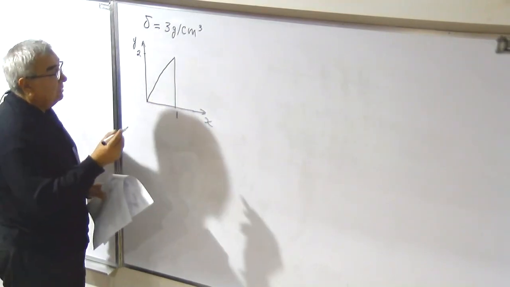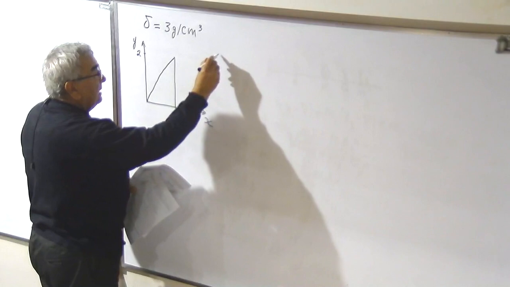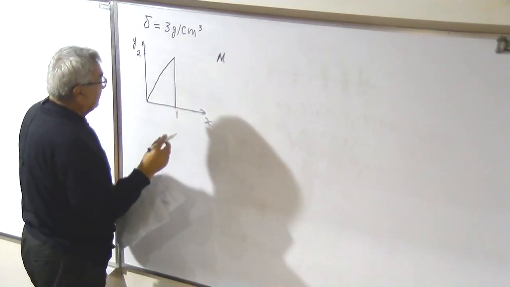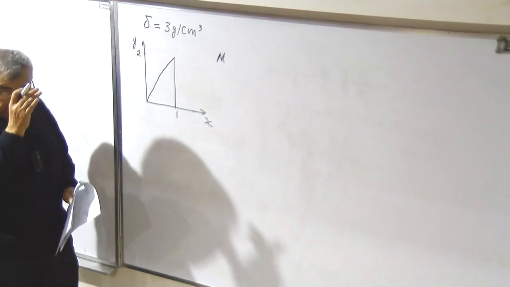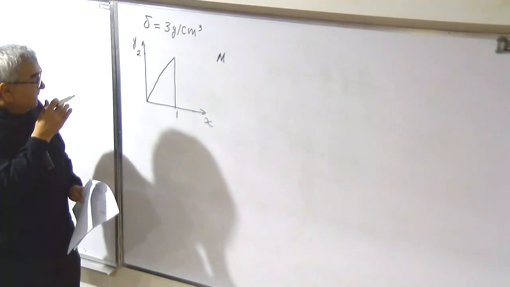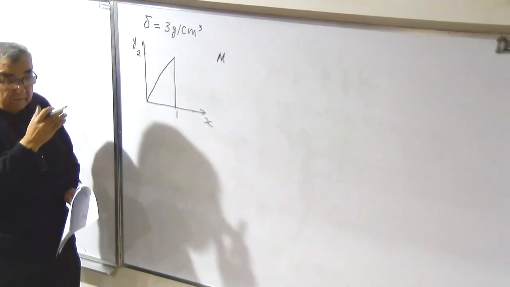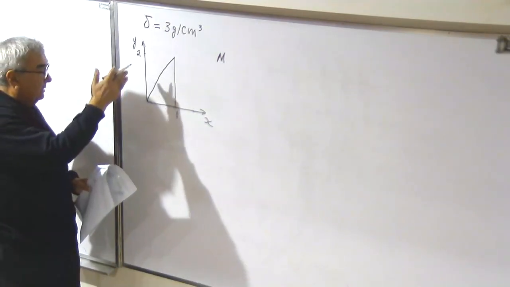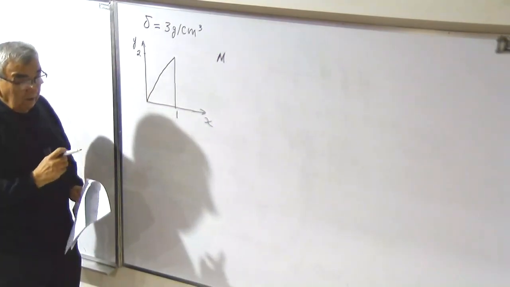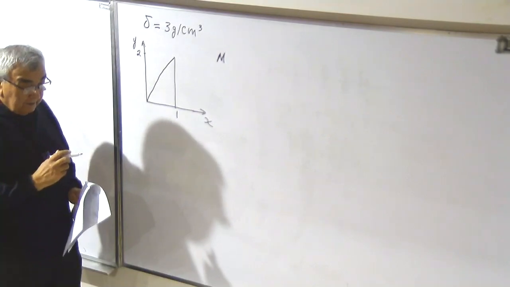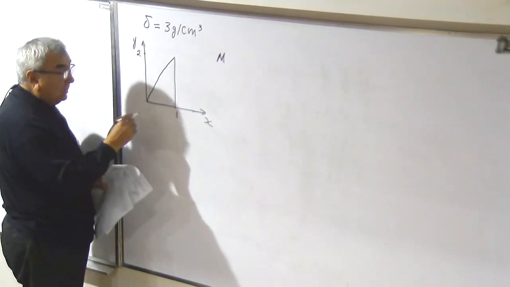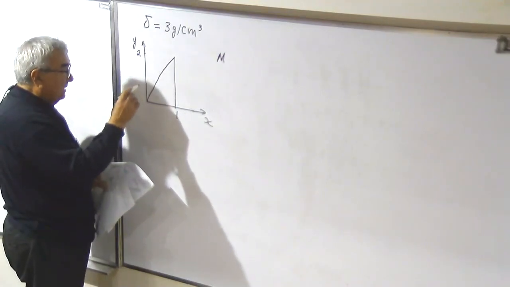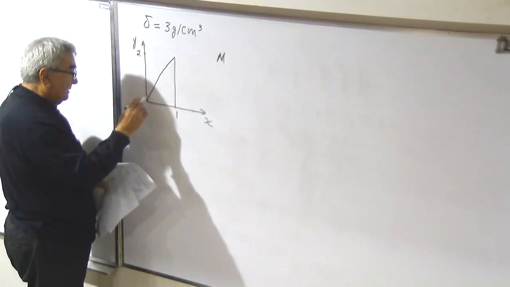That means we know that M, because it is not one dimension, therefore we will do the following. It is possible to divide this plate into many strips. Initially I will take the vertical strips like this.